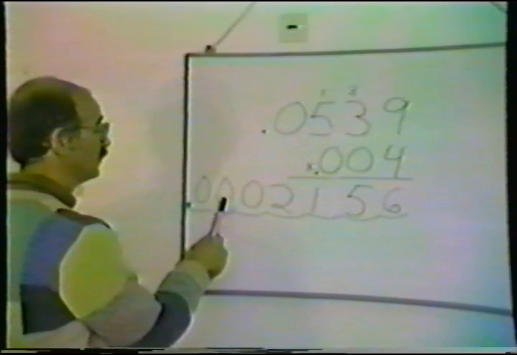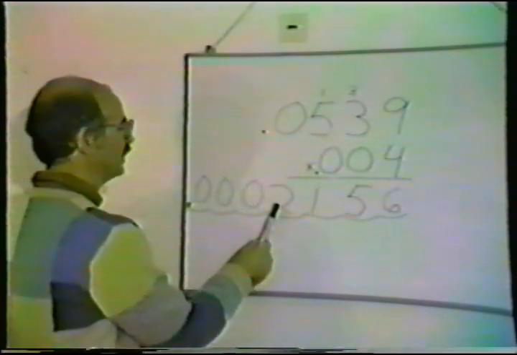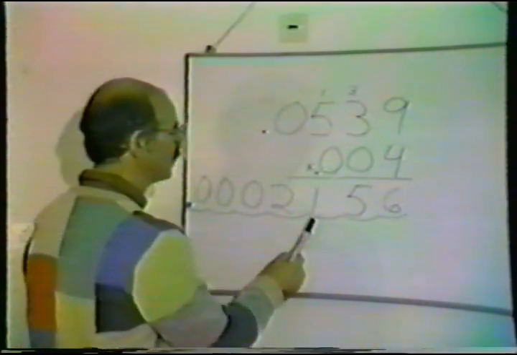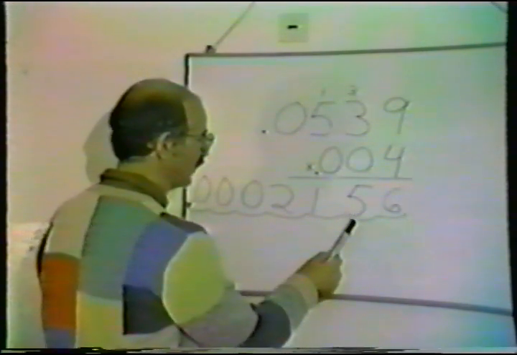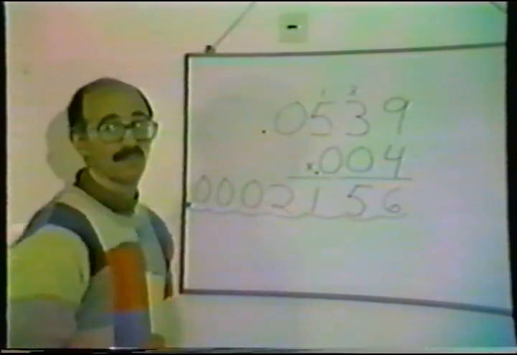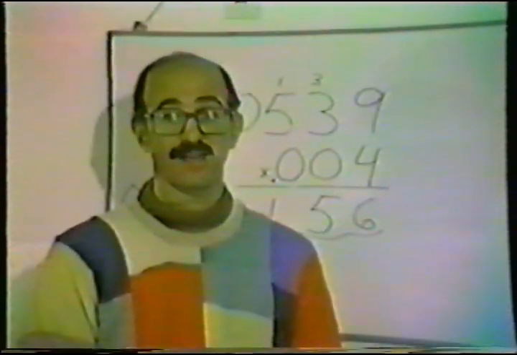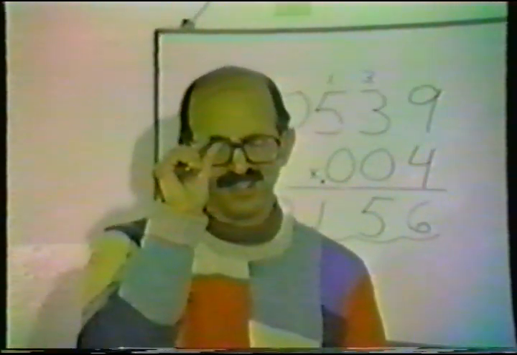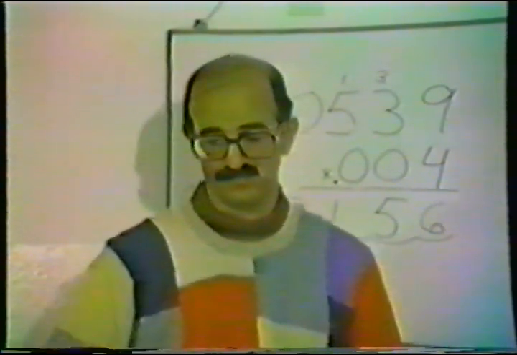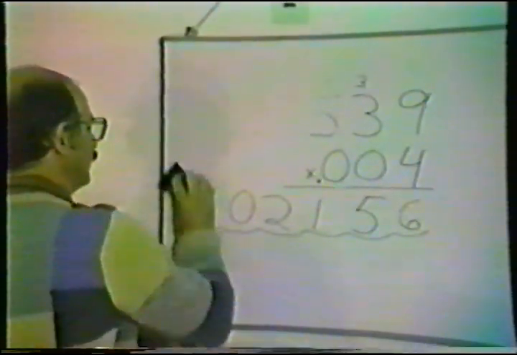Tenths, hundredths, thousandths, 10,000ths, 100,000ths, millionths, 10 millionths. And a 10 millionth is a little, tiny piece. Let's do another.